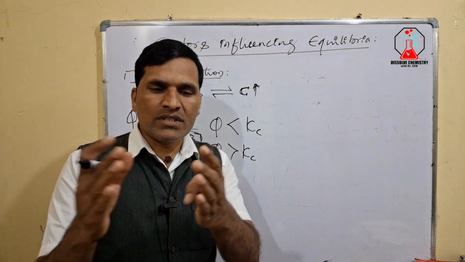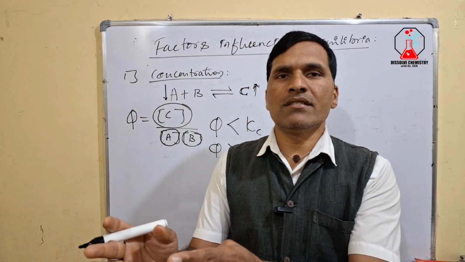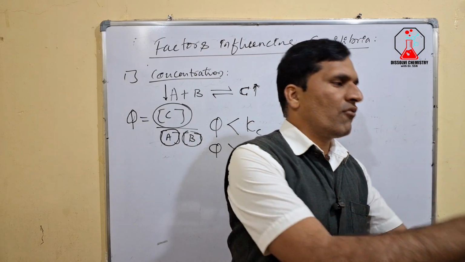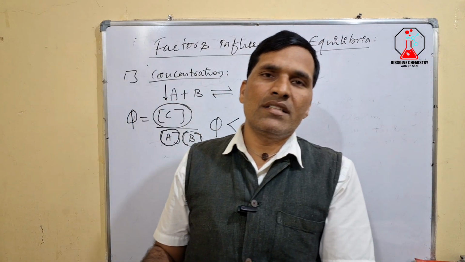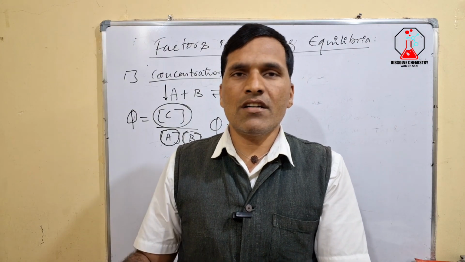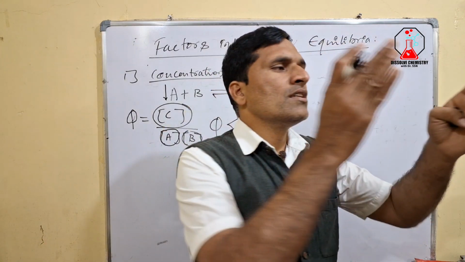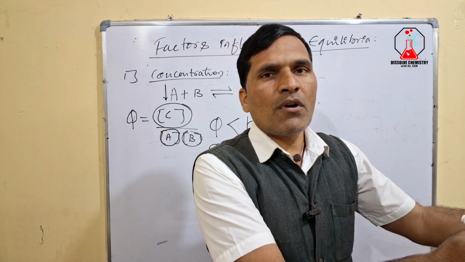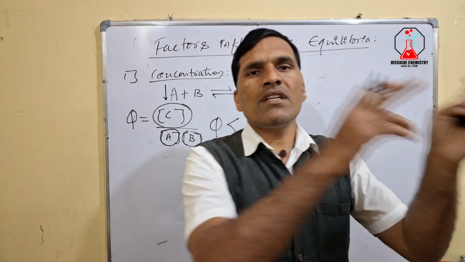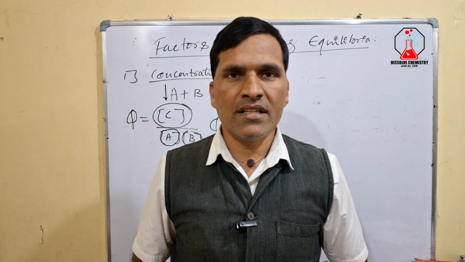If you increase the concentration of the reactant, it leads to a shift in the forward direction. An increase in the concentration of the product at equilibrium leads to a shift of the reaction in the backward direction.